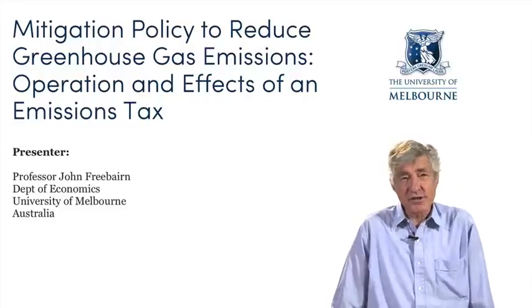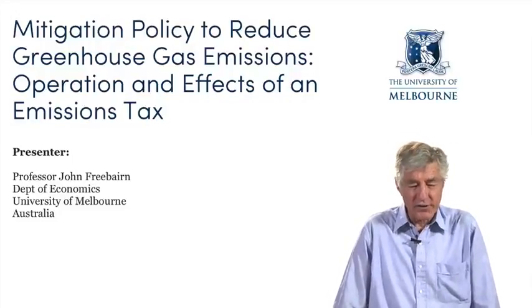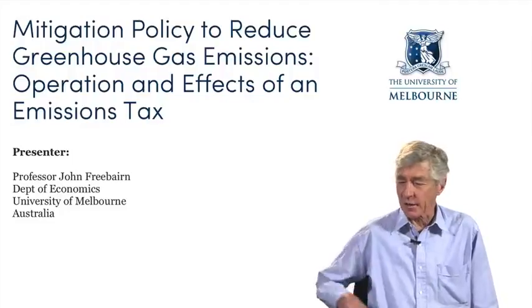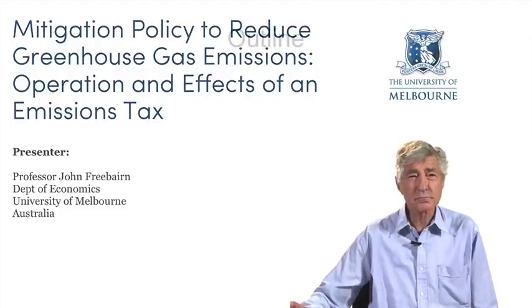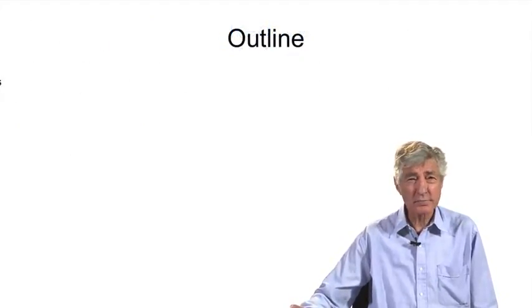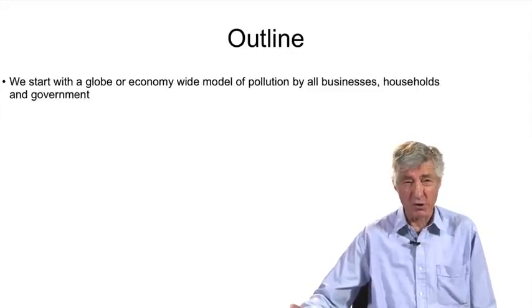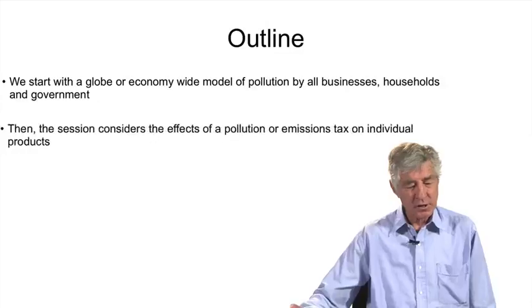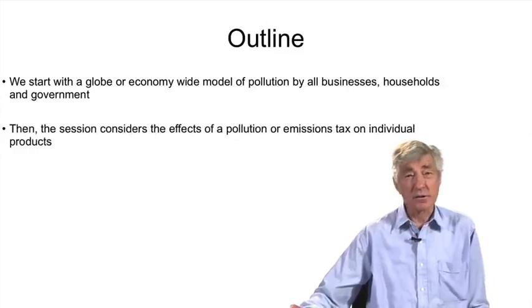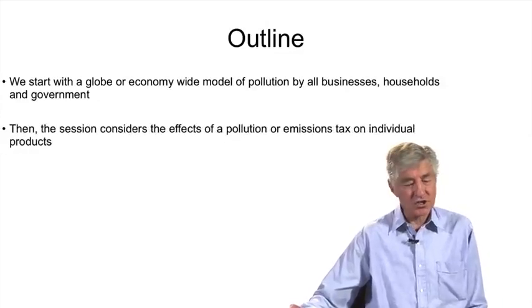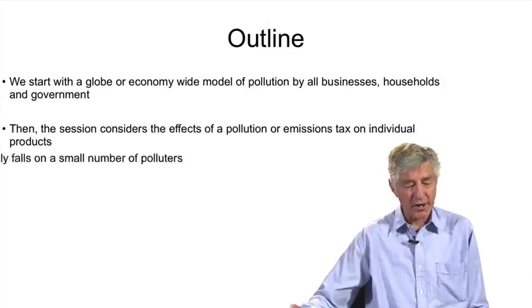Hello. So this session we're going to look in detail at the operation and effects of an emissions tax. The outline: we're going to start with a simple model of the global economy with all businesses and households and governments polluting. And then we'll look at the effect of a pollution or emissions tax on individual products.